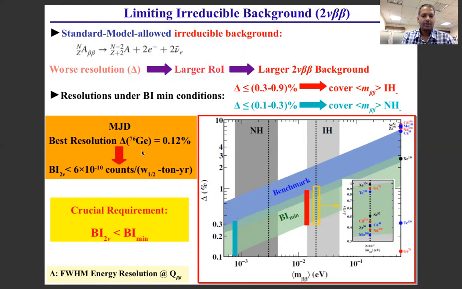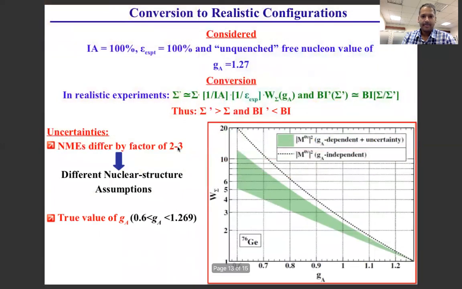Currently, MAJORANA has achieved 0.12% FWHM energy resolution, at which the two-neutrino background is of the order of 10⁻¹⁰. It means they are almost free from it. Of course, in the calculation of the numbers I just stated, the isotopic abundance and efficiencies have been chosen to be 100%.